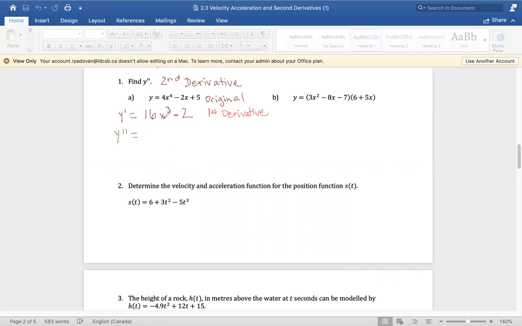So 15, 30, 45, plus the extra 3, so 48. X, one less, squared, and that would be minus 0, right? So we should know that, but just to write that out, it's going to end up being 48x squared is my y double prime. And again, that would be my second derivative. And that's all there is to it. Let's try another example.